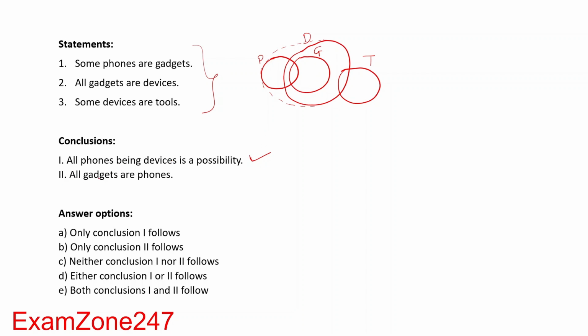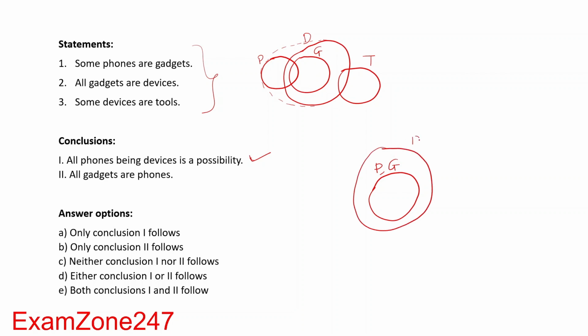The next possibility is all gadgets are phones. Now looking at this statement, can you say that all gadgets are phones? In this diagram, it's not true. But in another diagram, let us say this is all gadgets, I make all gadgets are phones like this, and then draw the remaining diagram as it is.